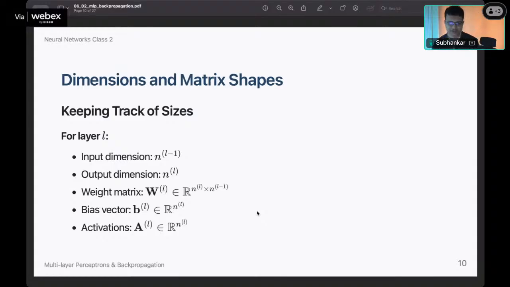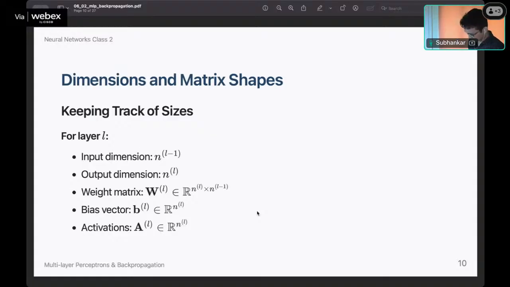But if you keep track of the dimensions of the matrices, this will be solved. It's also not that difficult. If you use libraries like TensorFlow or PyTorch, sometimes they explicitly ask you for this, but most of the dimension problems will be resolved. I will not say there will be no dimensional issues, but it's very intuitive.